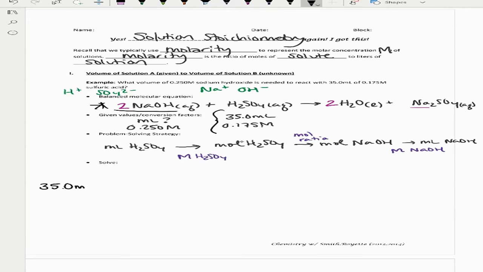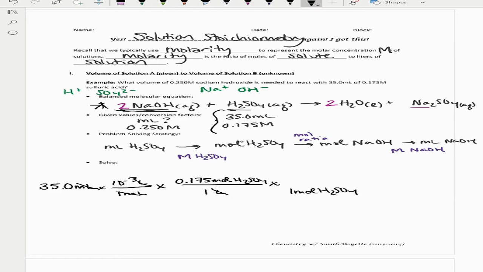35.0 milliliters times 10 to the minus third. We'll convert to liters. Milliliters cancel. Multiply by the concentration. Use the mole ratio from our equation. We know that the H2SO4 has to cancel, so it goes on the denominator.